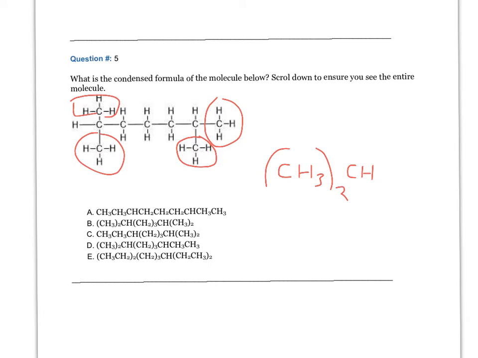Then you've got 1, 2, 3 CH2s. Three of them. And then another CH with 2 CH3s bonded directly to it.